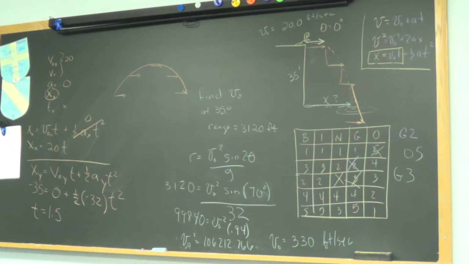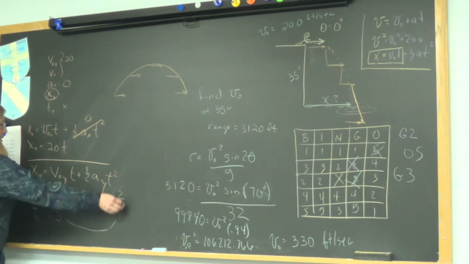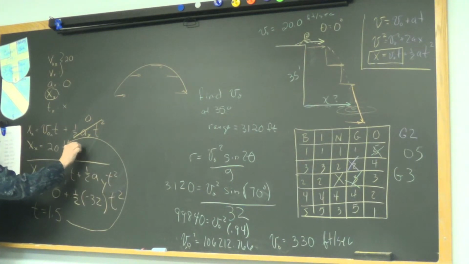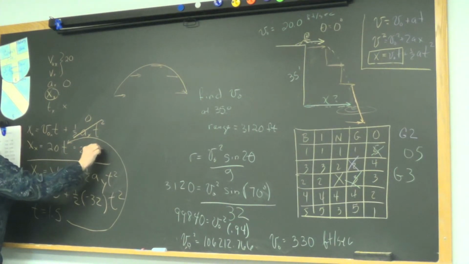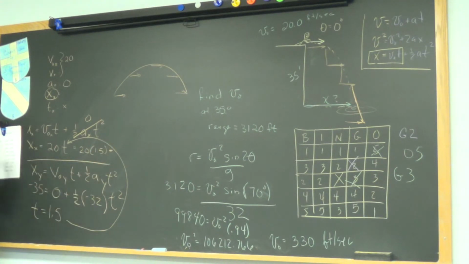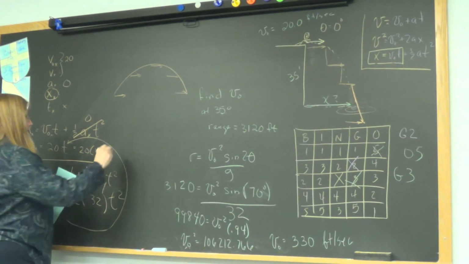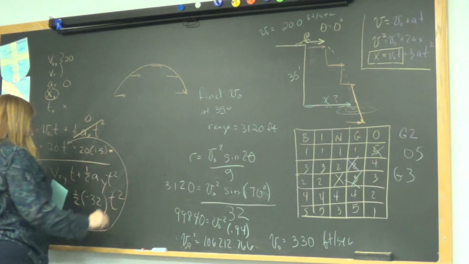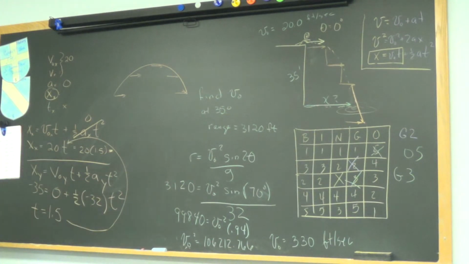So now you put 1.5 up here. 20 times 1.5 gives you, round it, but should you actually do 3.0 times 10?